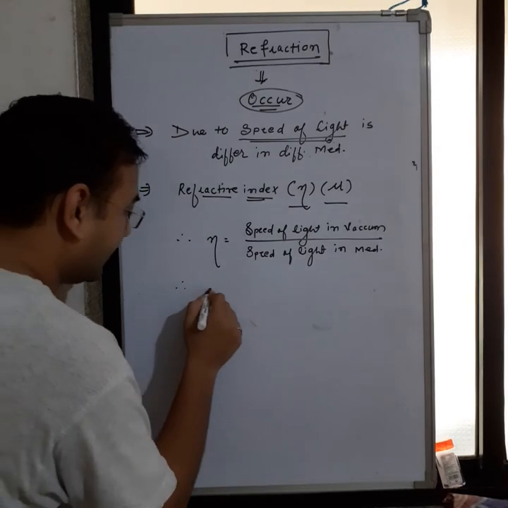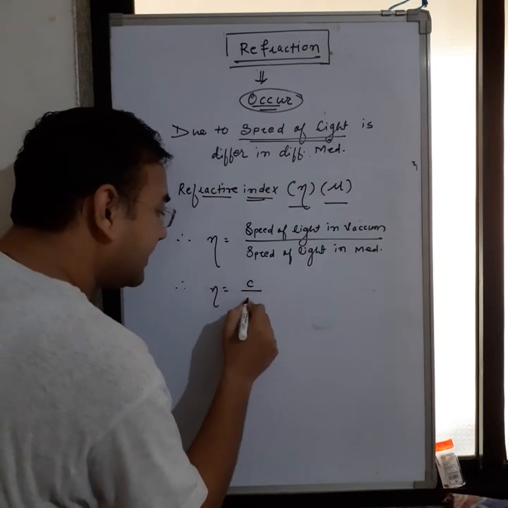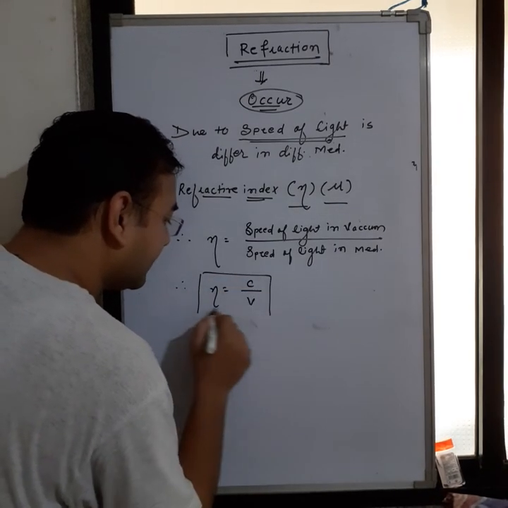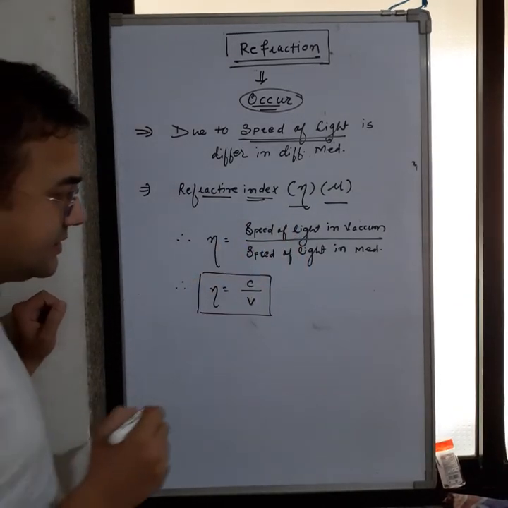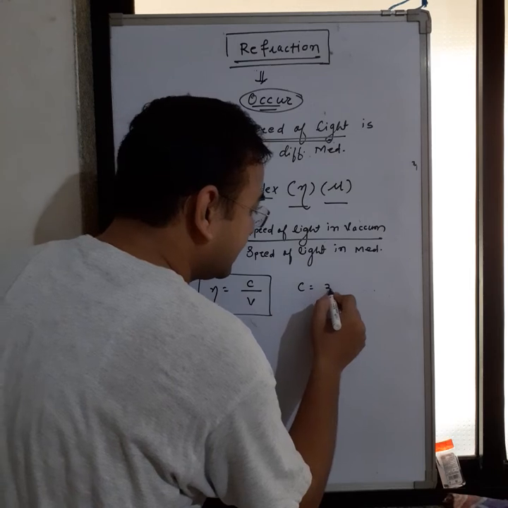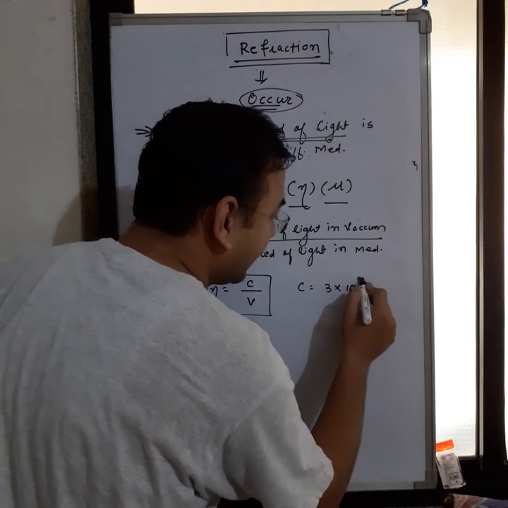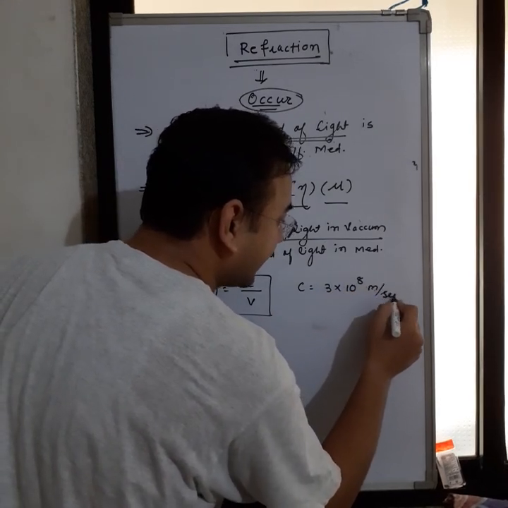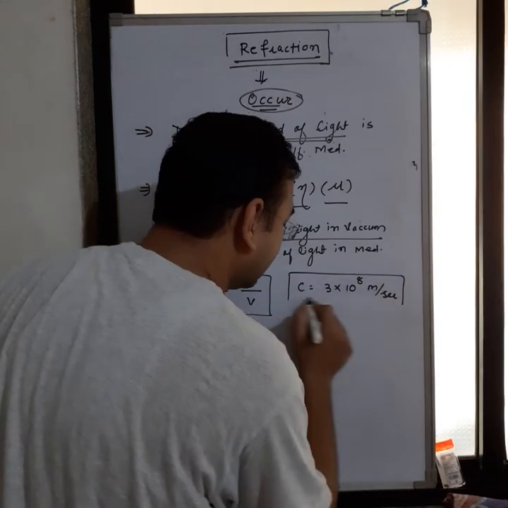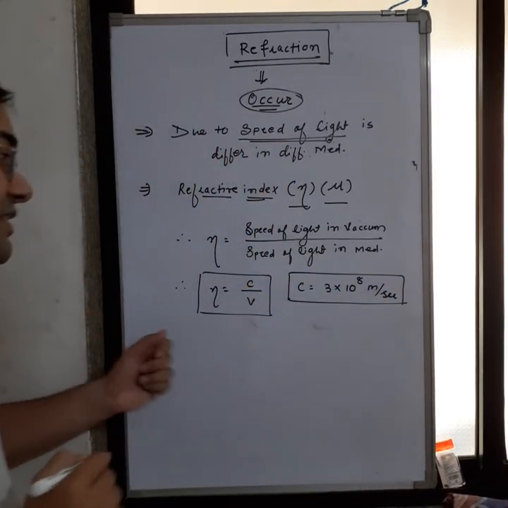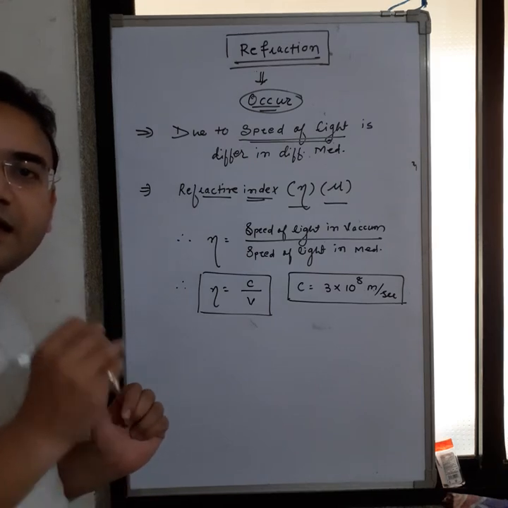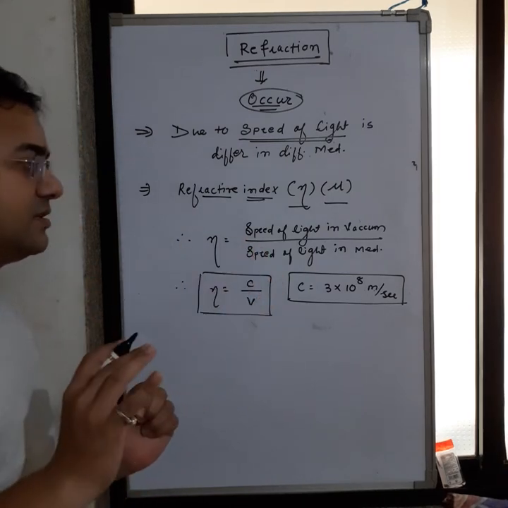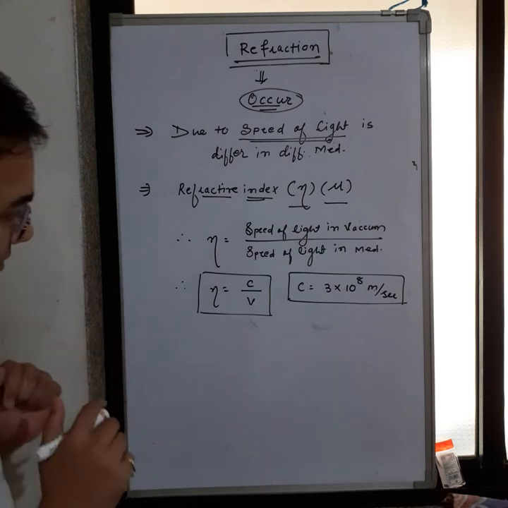So eta is equal to C upon V. The speed of light in a vacuum remains constant. So C is 3 into 10 raised to 8 meter per second. Already we know that. So with the help of this, we can find out the refractive index of any matter.